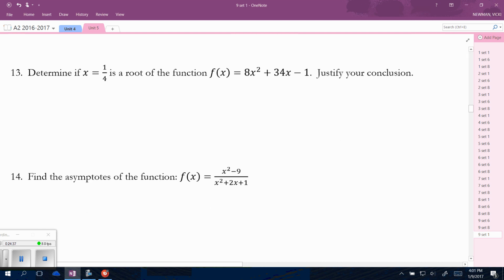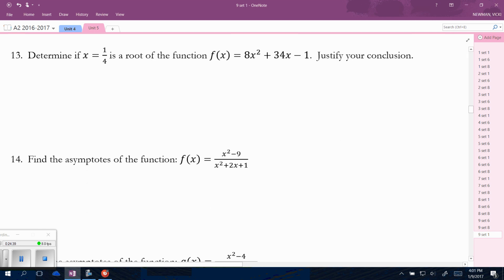All right, so number 13. Determine if x equals 1/4 is a root of the function. Justify your conclusion. Well, if x equals 1/4 is a root, then f of 1/4 would be equal to 0. Okay? So we have to figure out what f of 1/4 is.